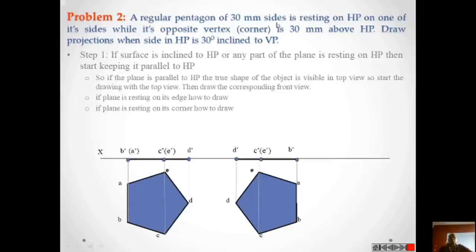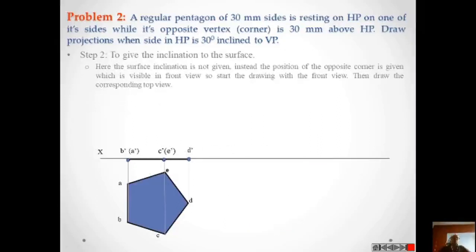So here in this question, the plane is resting on one of its sides on HP. So we will take the first one. Now what is the second step? The second step is to give the inclination to the surface, but here they have not given the inclination of the surface.